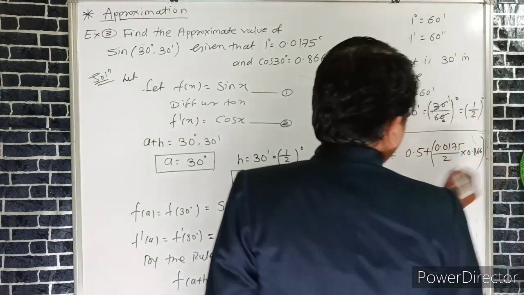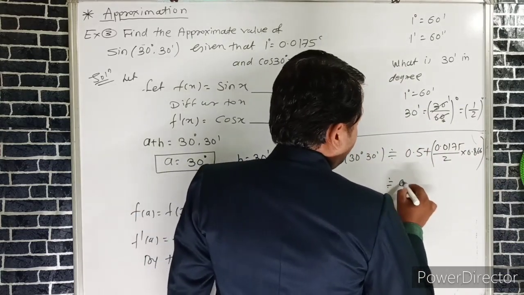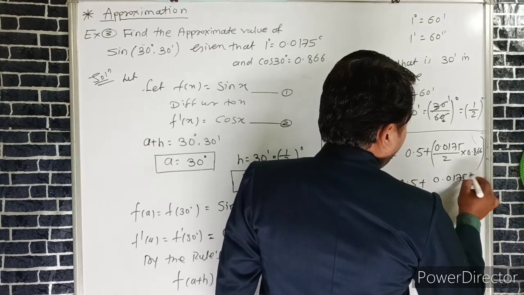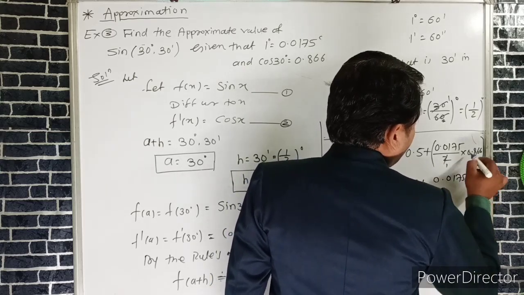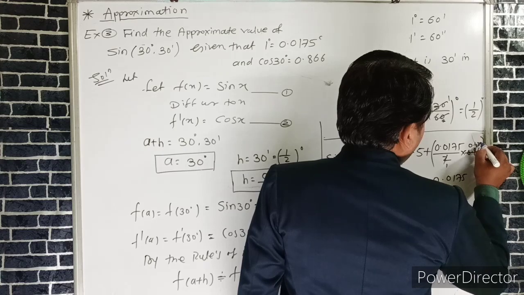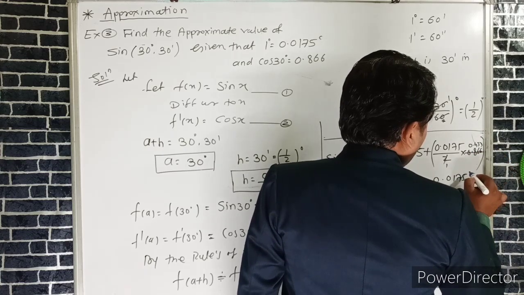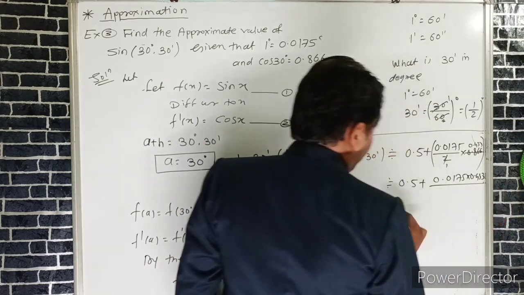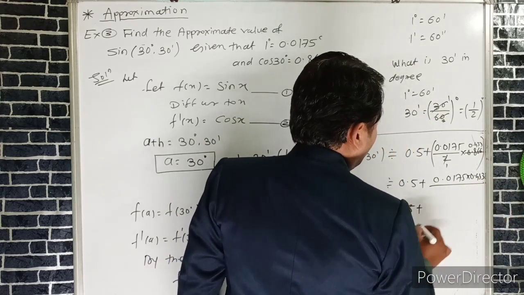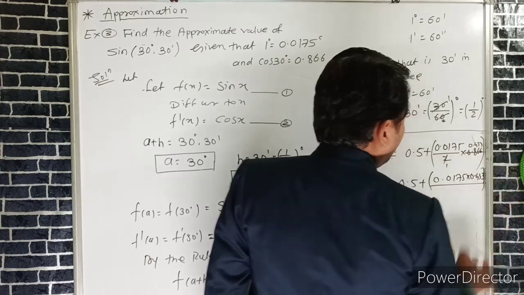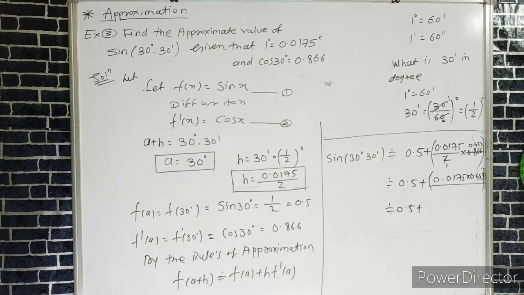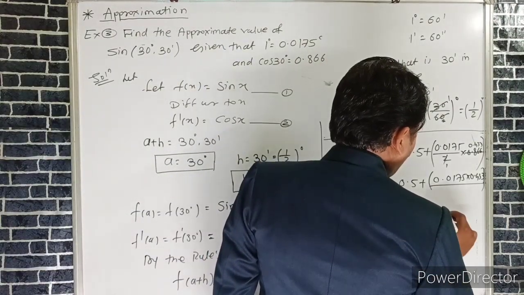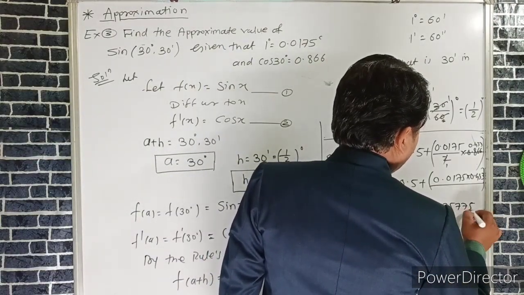If we halve 0.0175, we can write 0.5 plus 0.00875 into 0.866. So the product of 0.00875 and 0.866 is 0.0075775.